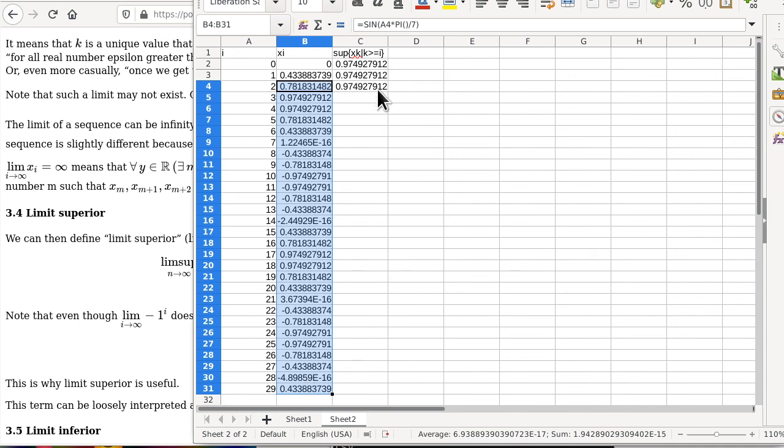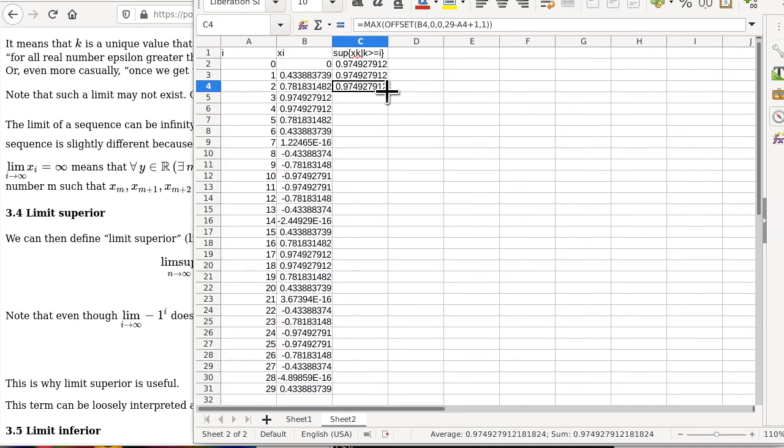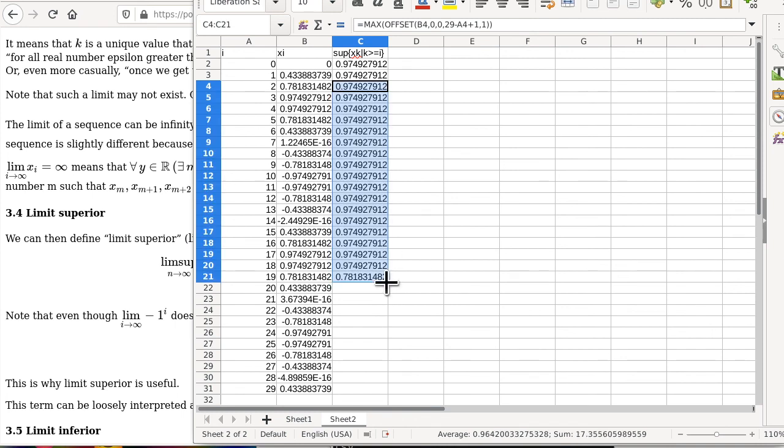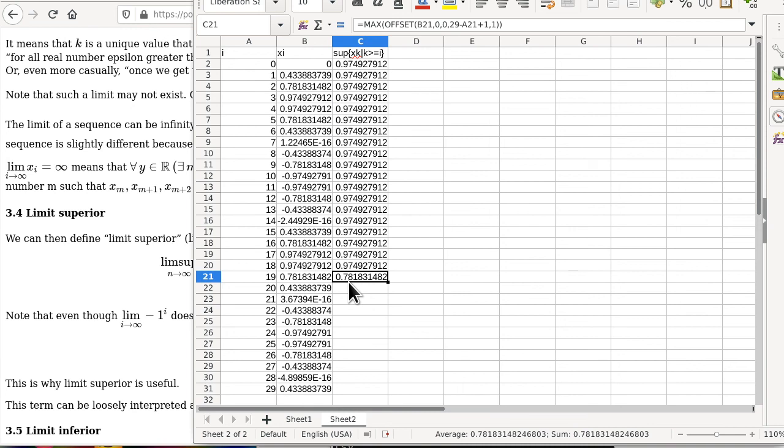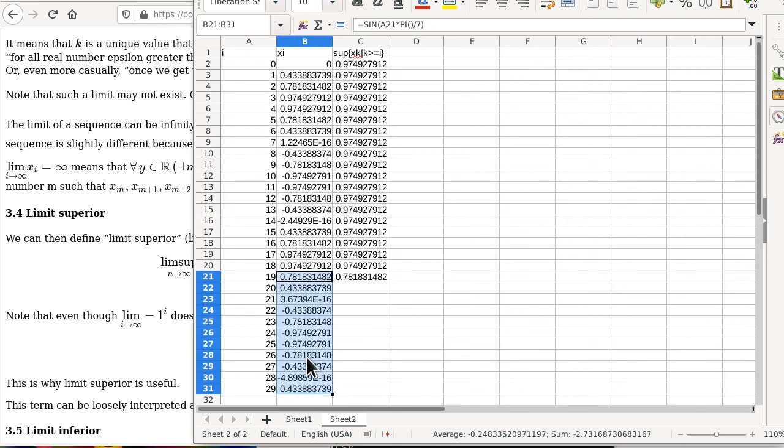Okay. So now if I keep extending this, once we get past the last time we got that value, you can say, hey, what's happening here? Why is this only 0.781 and not 0.974 anymore? Because this is an infinite sequence, and I don't have the infinite portion of this.